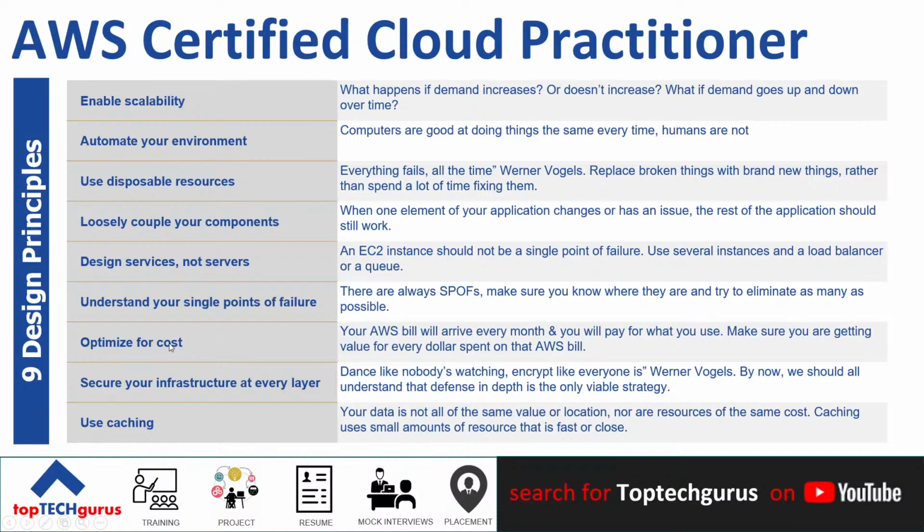The next thing you have to do is optimize for cost, and cloud helps optimize for cost much better. You can understand how much your cost is, optimize for it, and then work accordingly. You can secure your infrastructure at every layer, so you can make sure your infrastructure is secure. You can use caching.